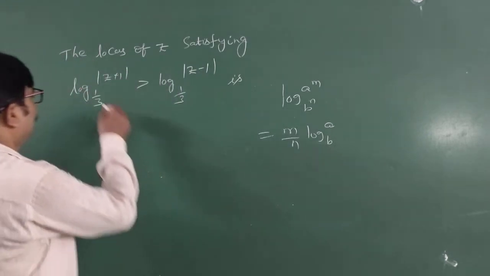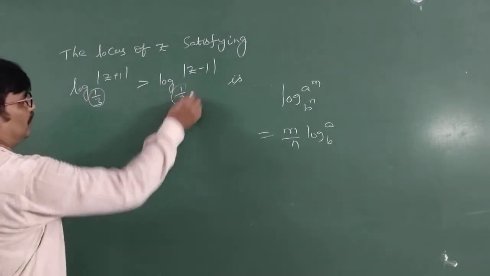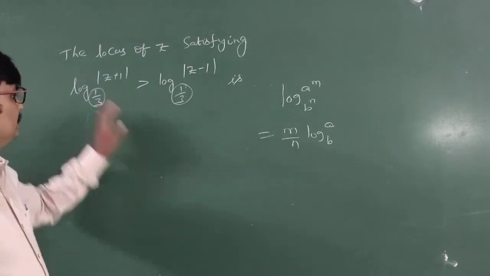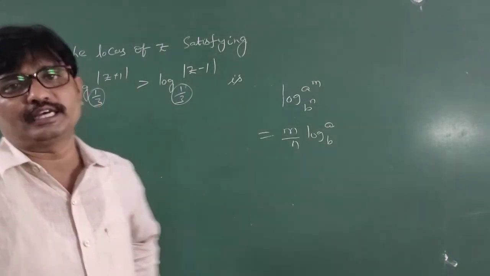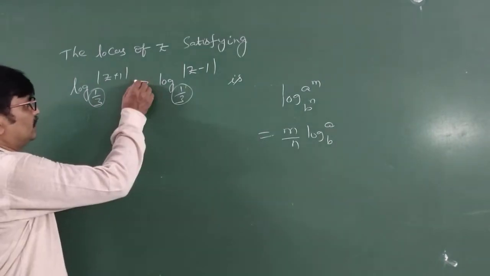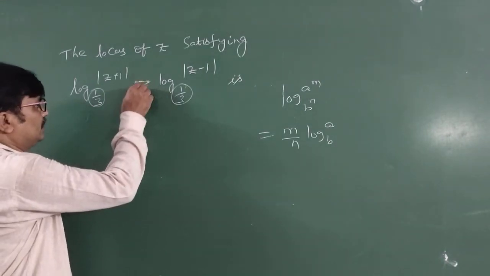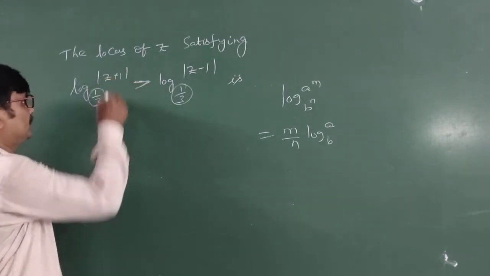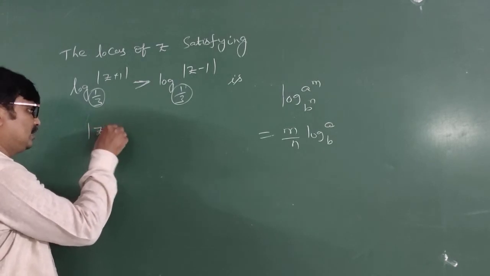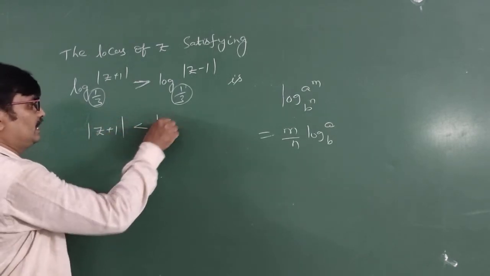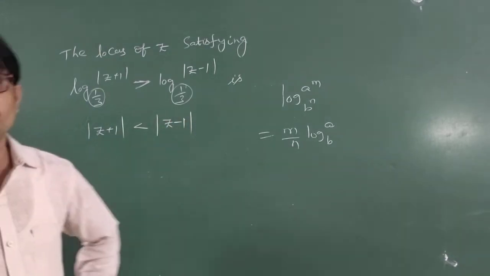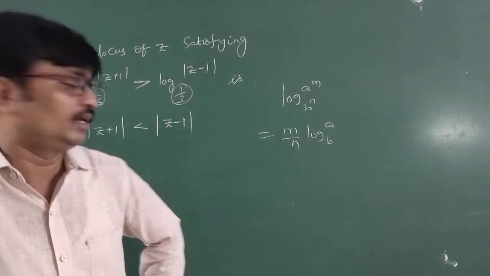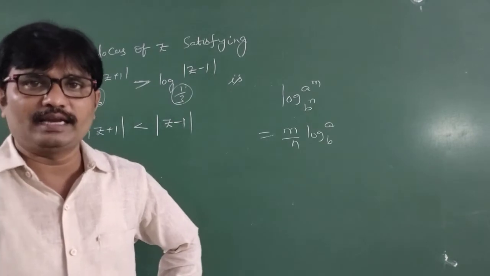So when the base is less than 1, when you can remove the log on both sides, undoubtedly the greater than will become less than. Since, students, the modulus of z plus 1 is less than modulus of z minus 1.